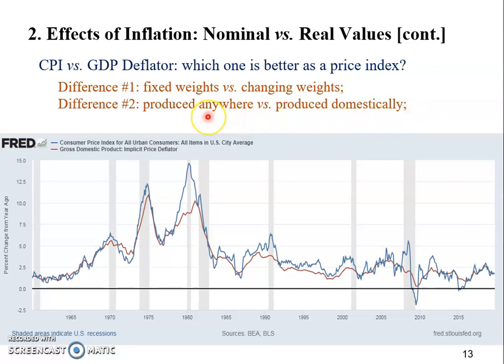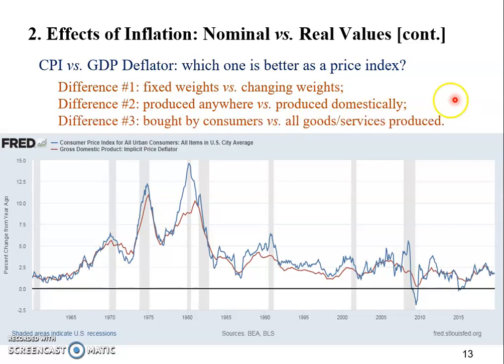But remember, the CPI covers all of these imported goods which we spend money on, so part of the CPI-covered goods and services are not included in the coverage of the GDP deflator. The third difference between these two is that the CPI covers the goods and services bought by consumers, but the GDP deflator covers all goods and services produced, as we already mentioned.